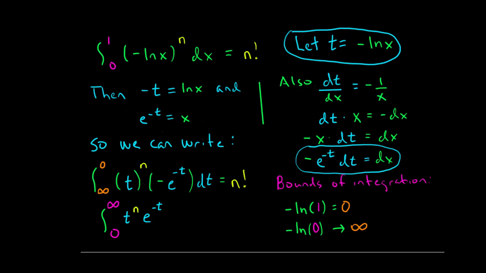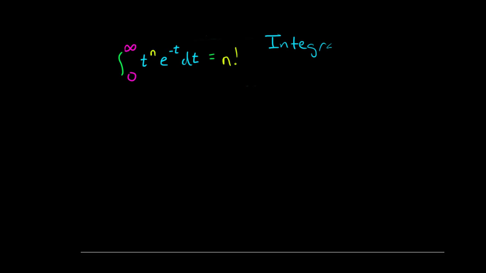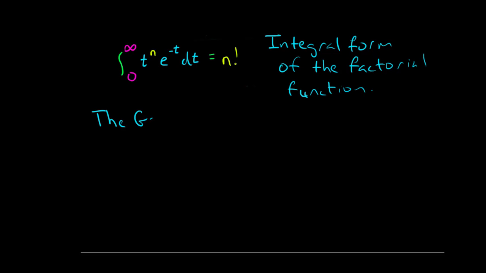And now because of that negative in the integral expression, I reverse the bounds of integration, and I get the integral from infinity to 0 of t to the n e to the negative t dt equals n factorial. And I put a box around that there because that is our final expression for the integral form of the factorial function. The integral from infinity to 0, t to the n, e to the negative t dt equals n factorial.